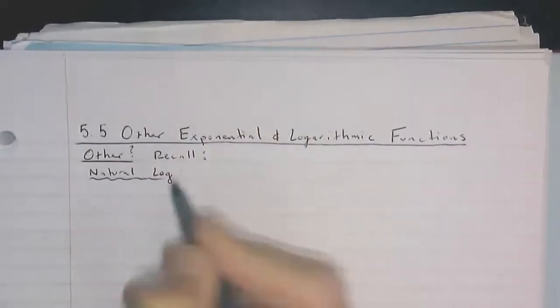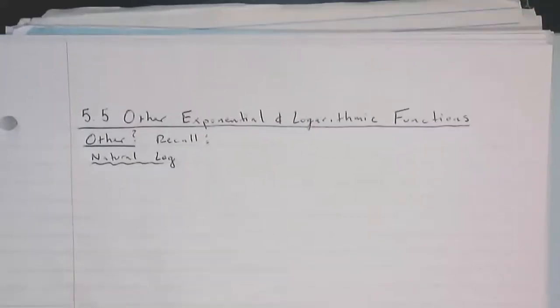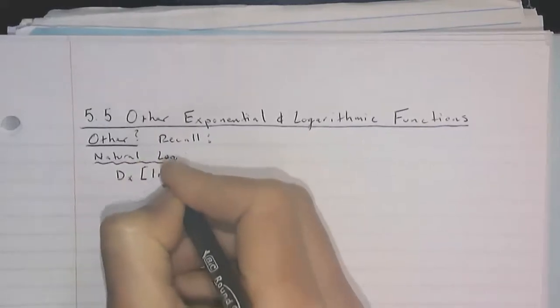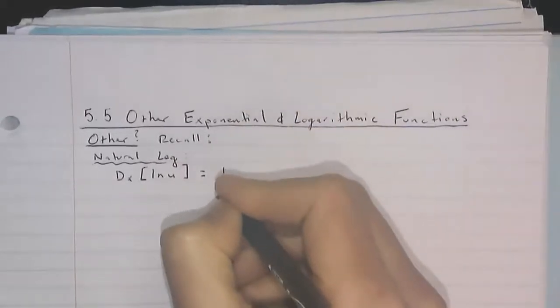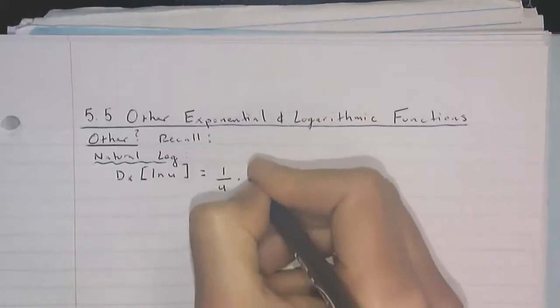But where we've been so far is that with the natural log, we convinced ourselves that the derivative of the natural log of some u is equal to 1 over u times the derivative of u.